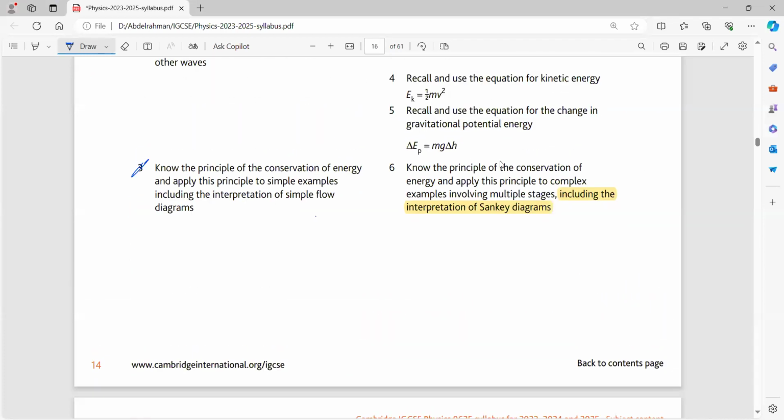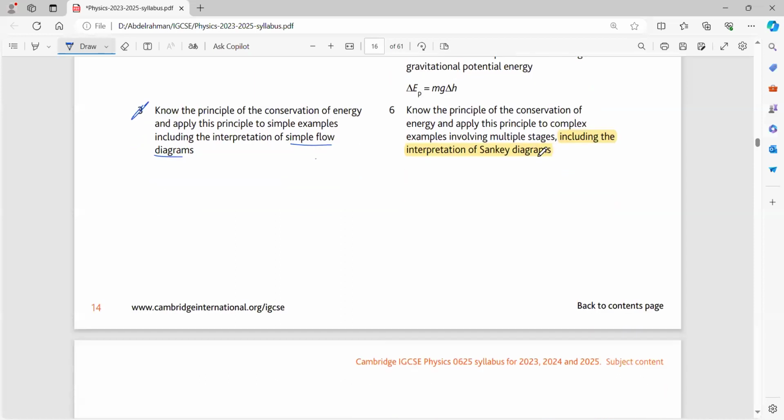This part: simple flow diagram. What is a simple flow diagram? A simple flow diagram is basically if I have an input, this input will be divided into one or more than one output.